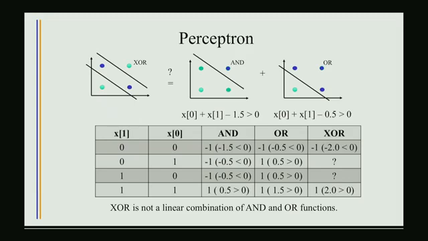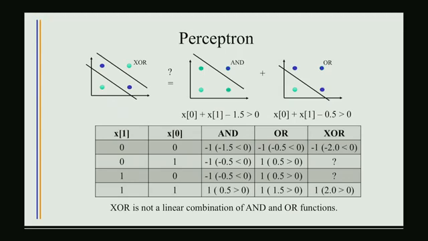We've got the AND function. The OR function is x0 plus x1. The weight on both of these is 1, and the bias is minus 0.5 in the case of the OR. So I can try to combine them together, but I can't get the XOR to work.